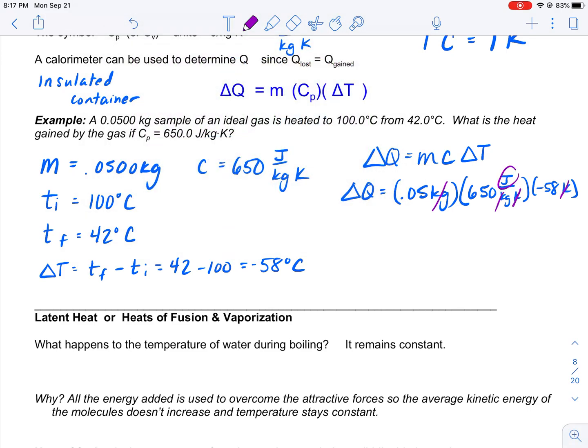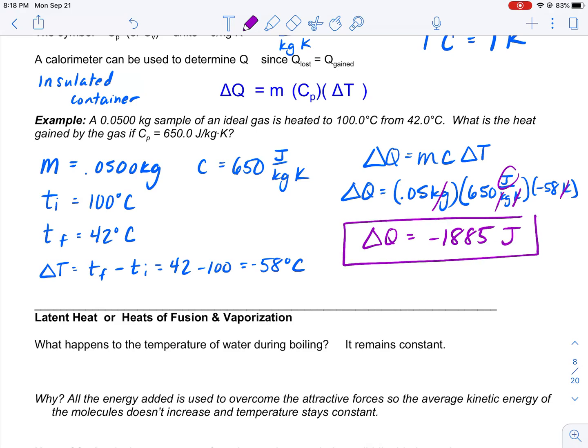So look what's going to happen here. One of the things I love about specific heat is we can see the units cancel. We're going to be left with joules. And now I just need to do the arithmetic. So 0.05 times 650 times negative 58. And I get that the change is negative 1,885 joules.